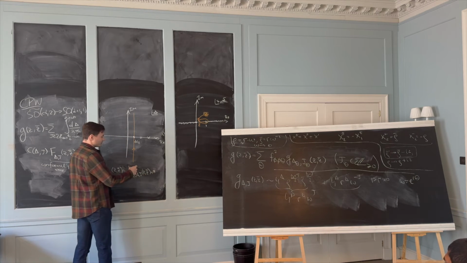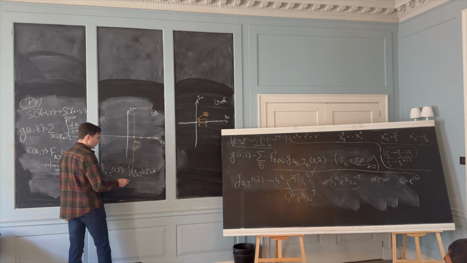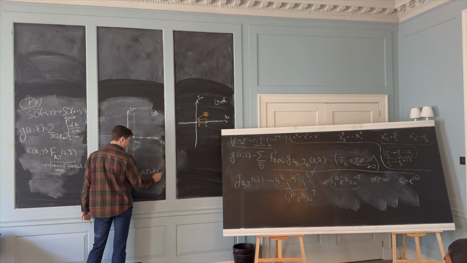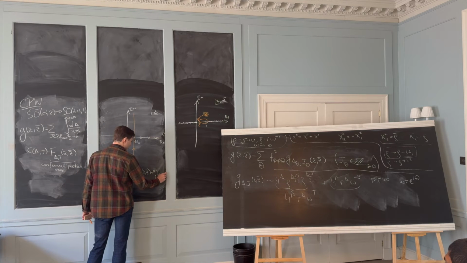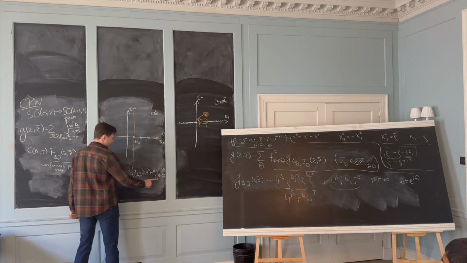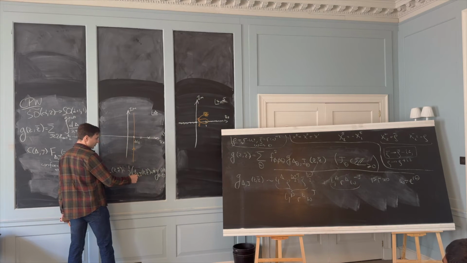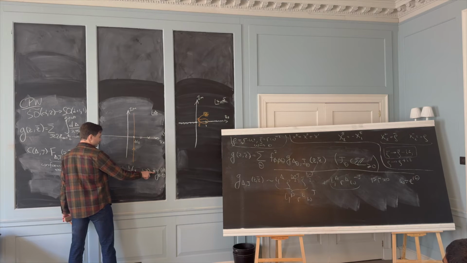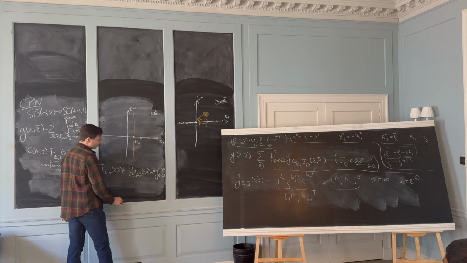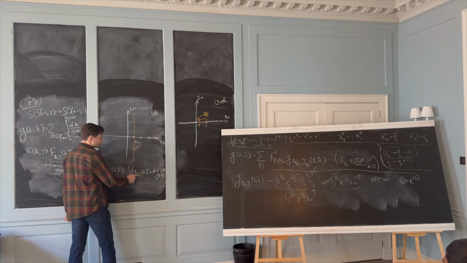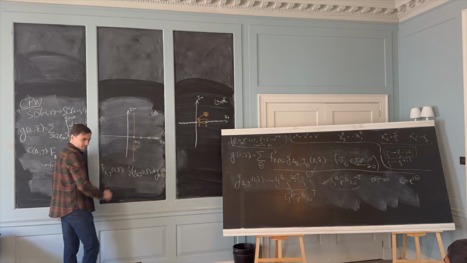This coefficient is some gamma functions of delta and j, times g of d minus delta, j, of z z bar. So here it's the same conformal block. The only thing that changes is the coefficient in front, which has some factors of gamma functions, and delta is replaced by d minus delta.